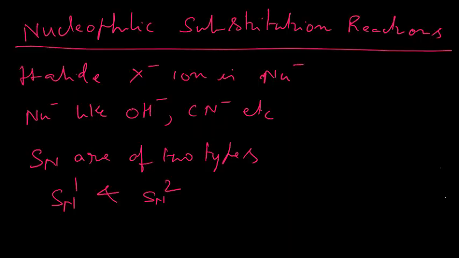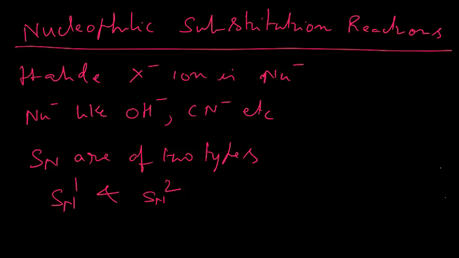Nucleophilic substitution reactions. Alkyl halides undergo nucleophilic substitution reactions. In alkyl halides or haloalkanes, the halide ion is already present as a nucleophile. The existing nucleophile is replaced by other nucleophiles like hydroxyl ion, cyanide ion, etc. Nucleophilic substitution reactions are of two types: SN1 and SN2.